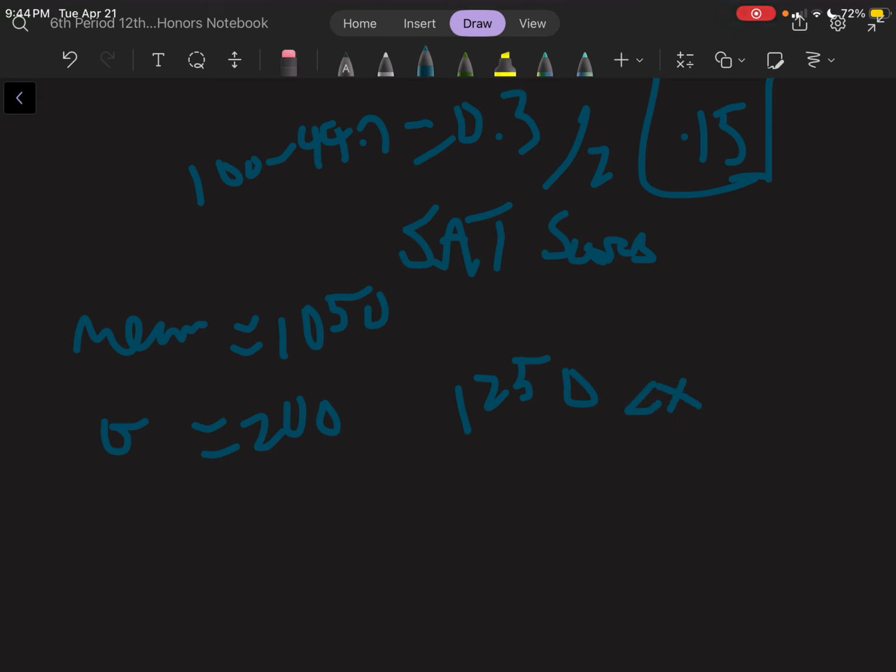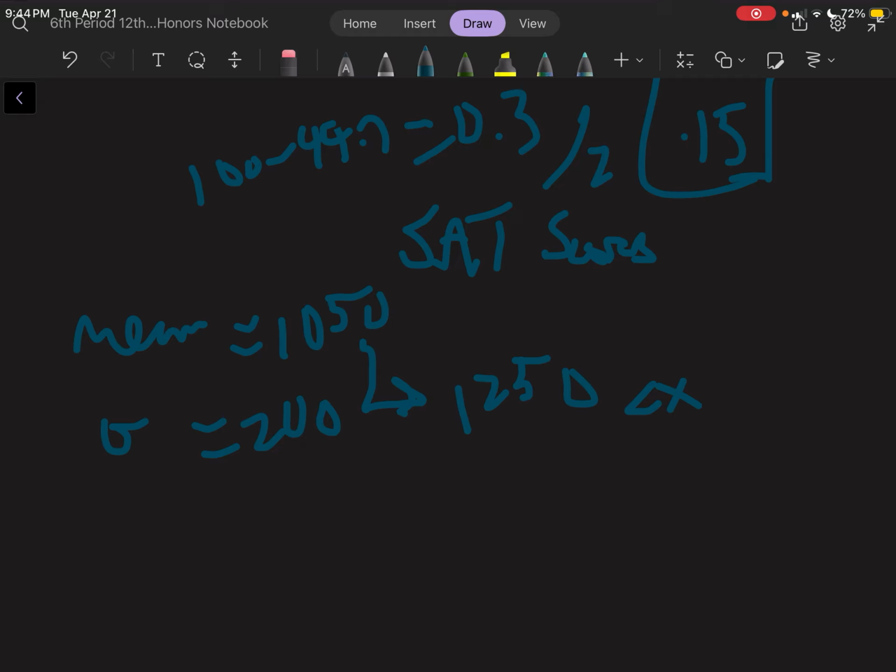So we know that 50% of the data is above the mean, meaning that 1250 is one standard deviation above the mean, because 1050 plus 200 is 1250. And 34% is between the mean and one standard deviation.